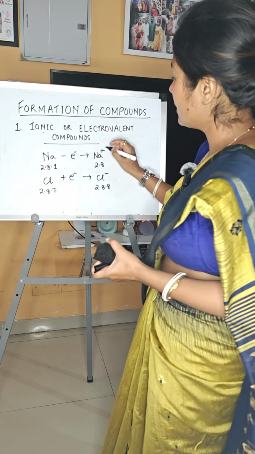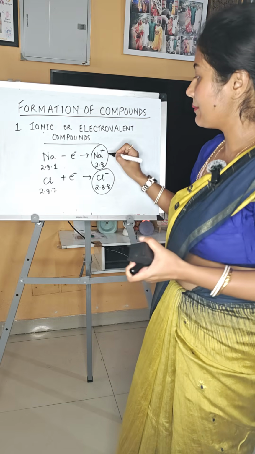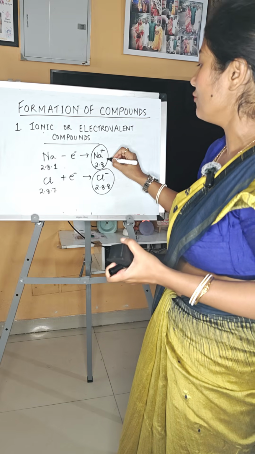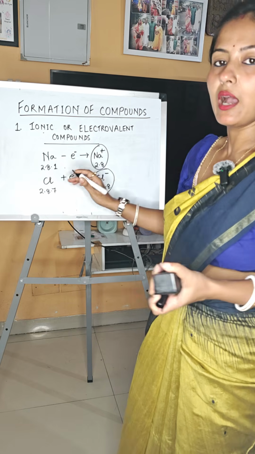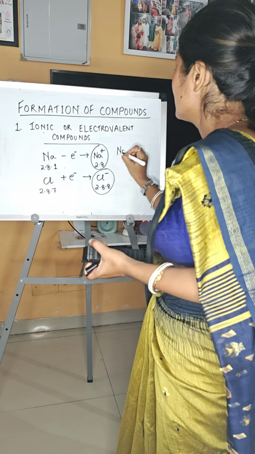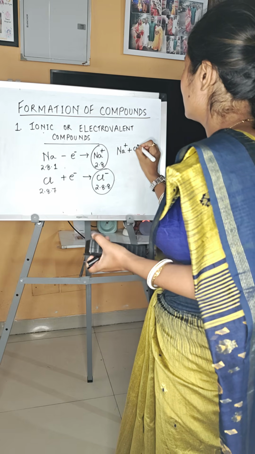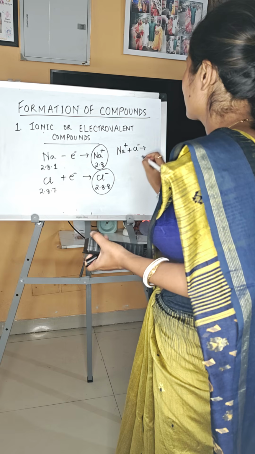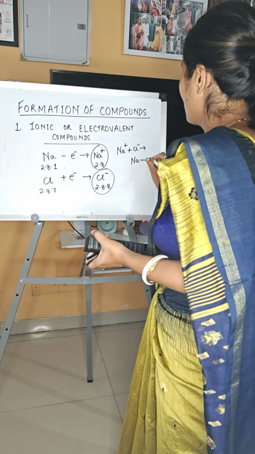So, now both are in a stable configuration. Sodium has attained the stable configuration of neon and chlorine has attained the stable configuration of argon. So, both are now stable. So, now these two ionic species, the cation and the anion, will be connected by electrostatic forces and they will form the ionic bond between them.